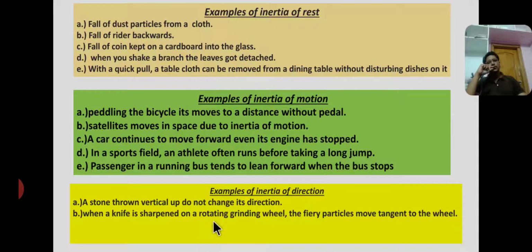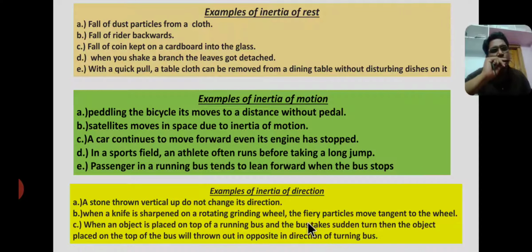When a knife is sharpened on a rotating grinding wheel, when an object is placed on top of a running bus and the bus takes a sudden turn, then the object placed on top of the bus will be thrown out in the opposite direction of the turning bus. In the next slides, I will explain these examples with scientific reason.